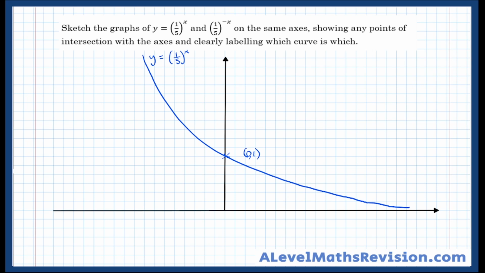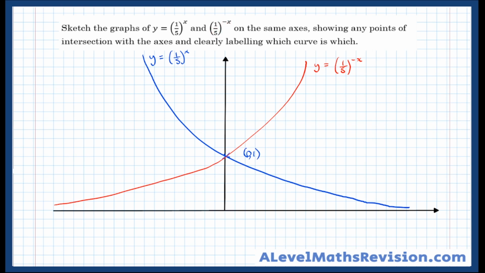1/5 to the minus x is going to be the mirror image of that through the y-axis. Looking like that. Y equals 1/5 to the minus x. So 1/5 to the power of x is decay.